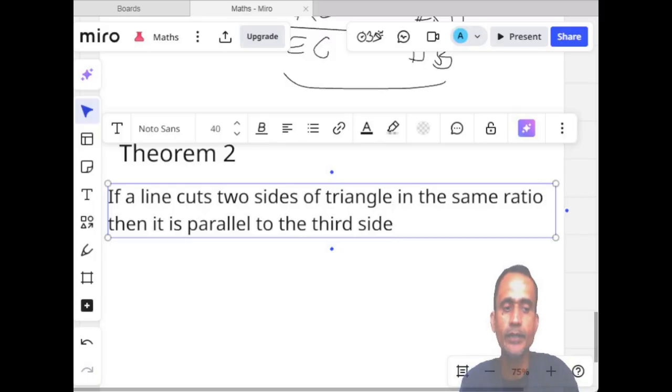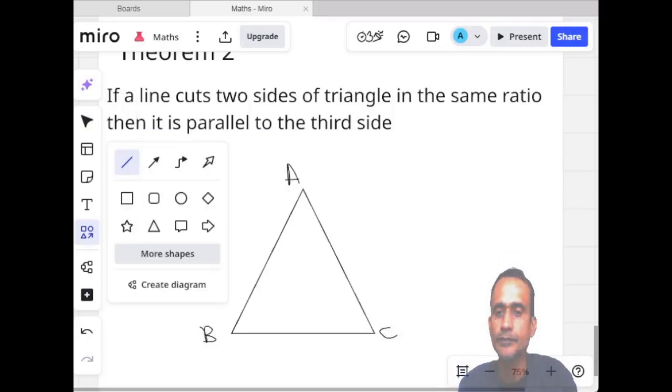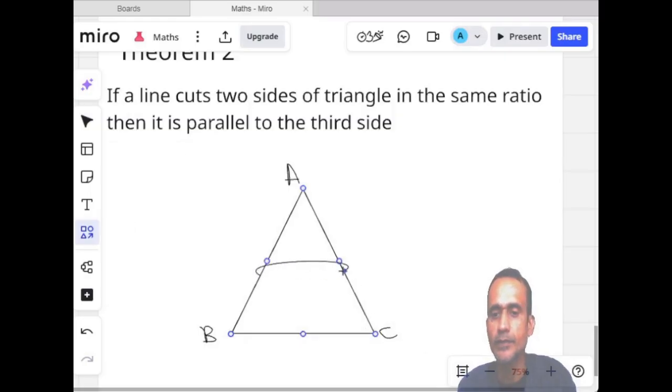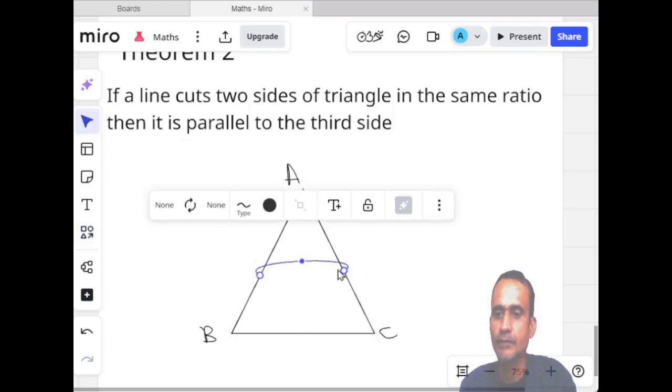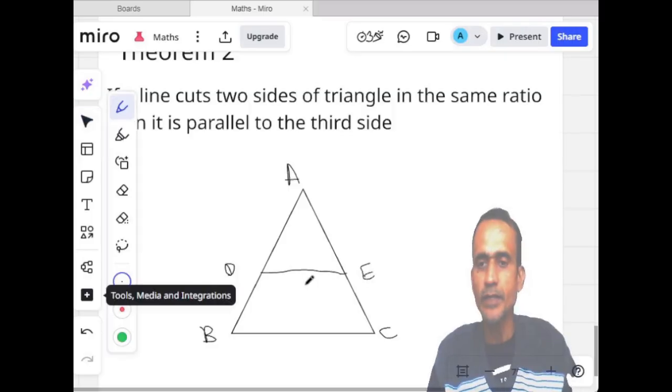So let us draw it. Let this be triangle ABC, and this be a line DE which cuts AB and AC at two distinct points D and E, such that AD and DB and AE and EC are in the same ratio.